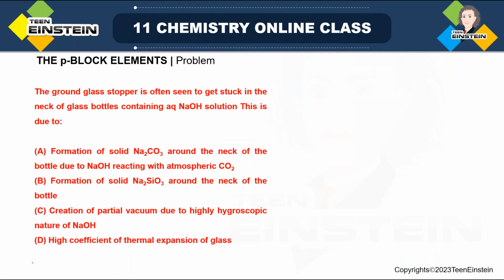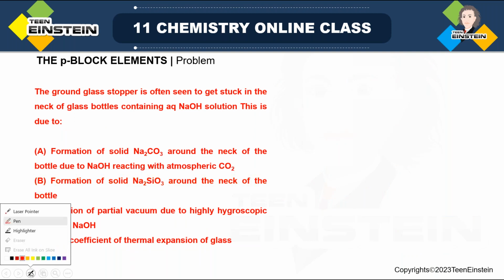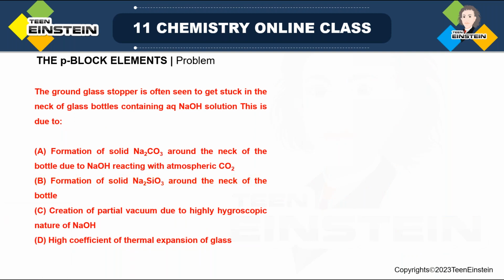Now we will solve questions related to this compound. The ground glass stopper is often seen to get stuck in the neck of glass bottles. So there is a glass bottle and a stopper like this. Now if it is stuck, inside there is NaOH solution. This glass has the presence of SiO2, right?